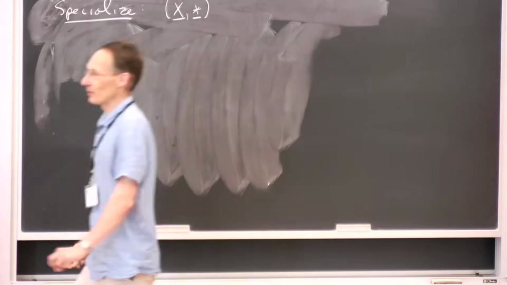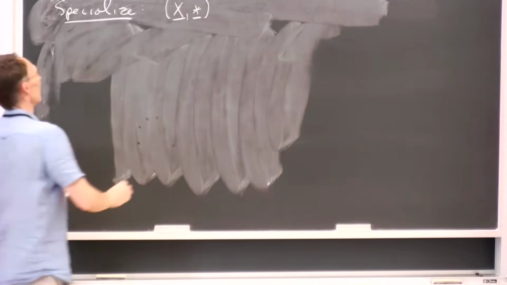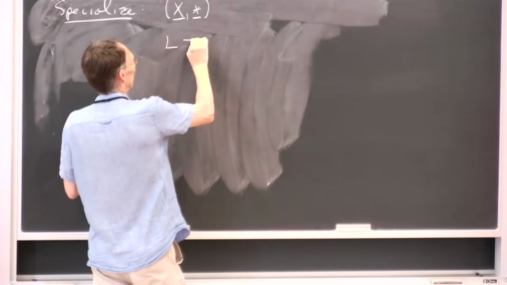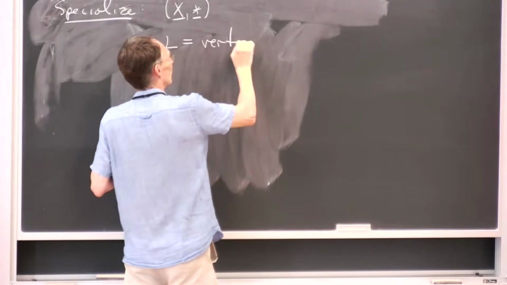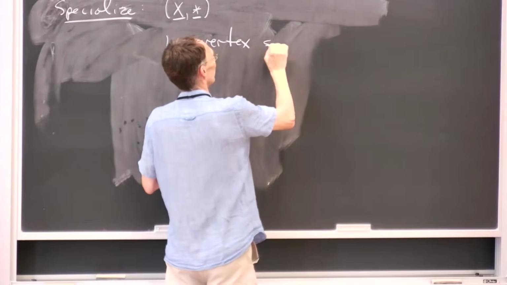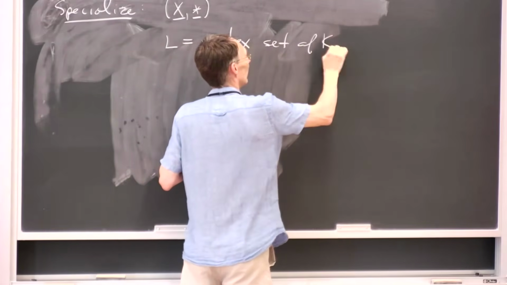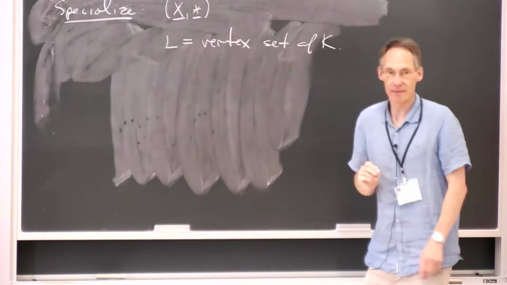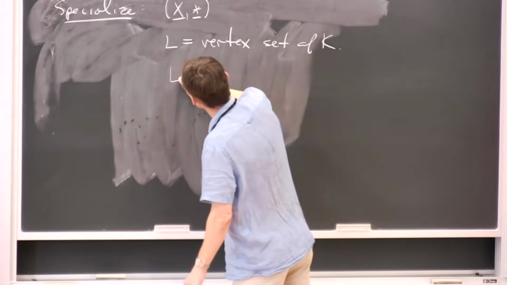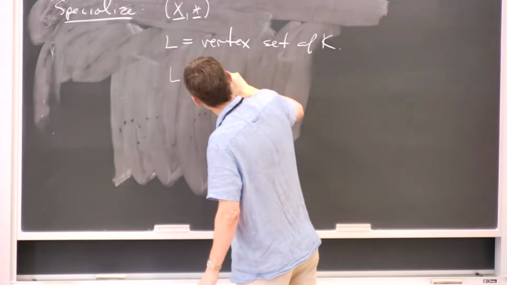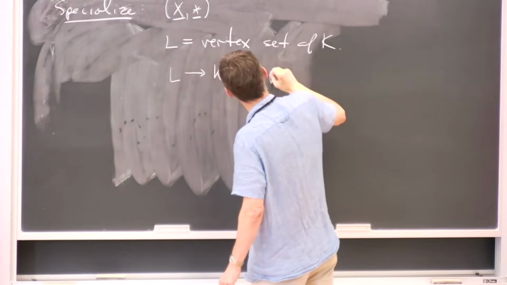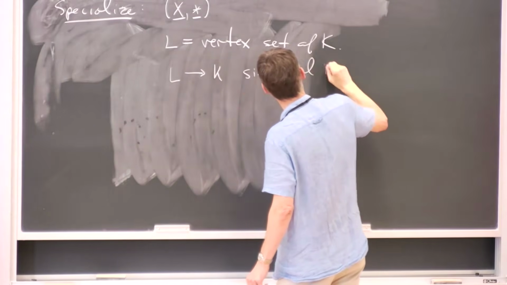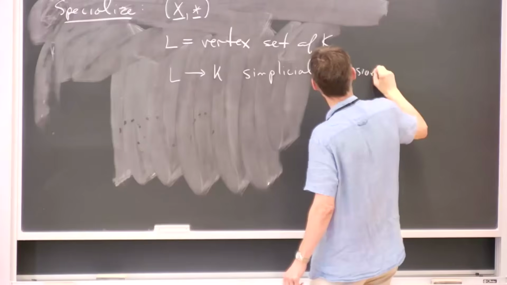Think about L as another simplicial complex, and we'll let it be the vertex set of K. So it's just m disjoint points, and there's a simplicial inclusion from L into K, just by including the vertices.